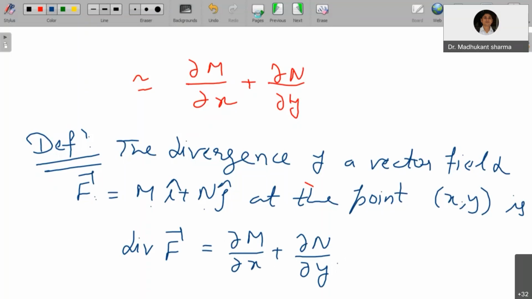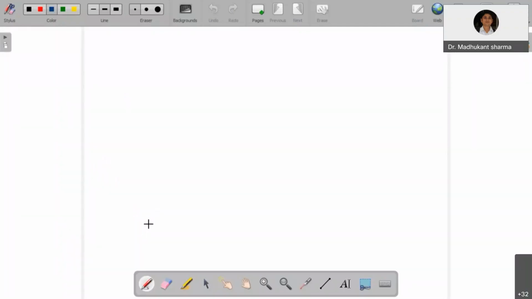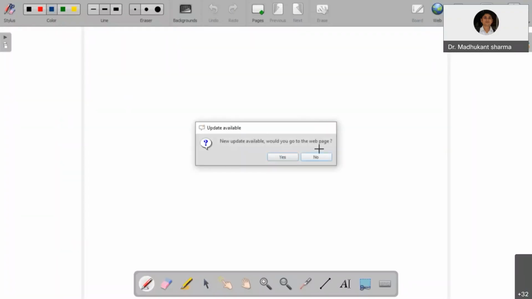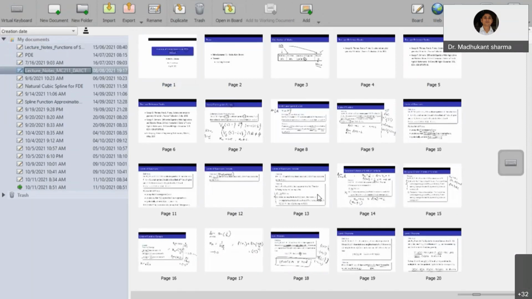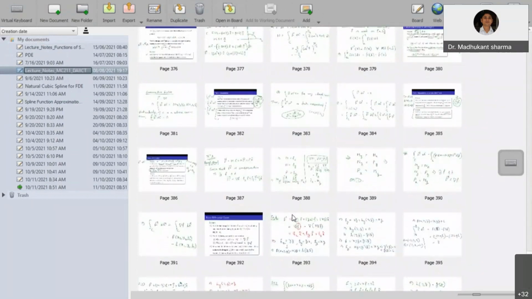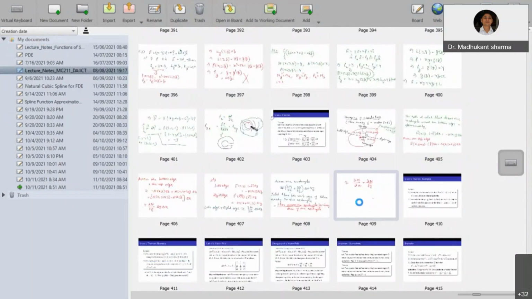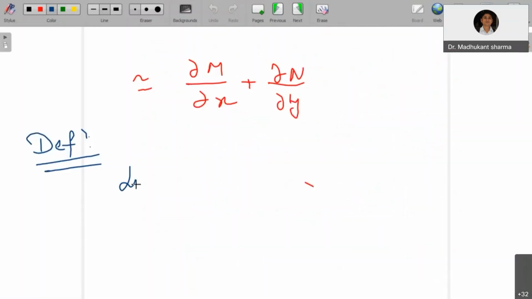Now I am going to introduce an operator which maybe you are already aware of. The divergence of a vector field F is dou m by dou x plus dou n by dou y.